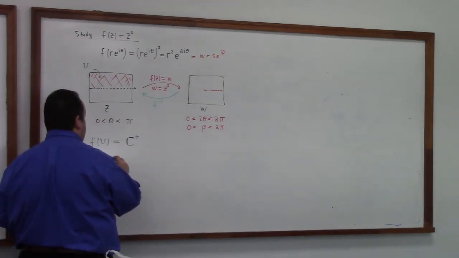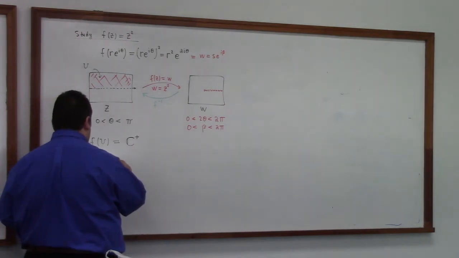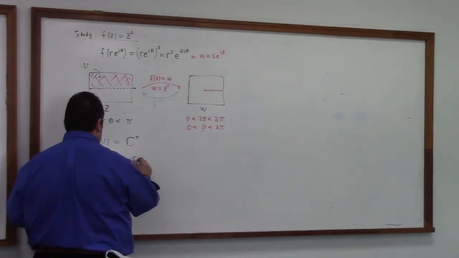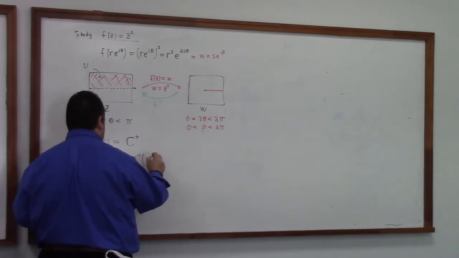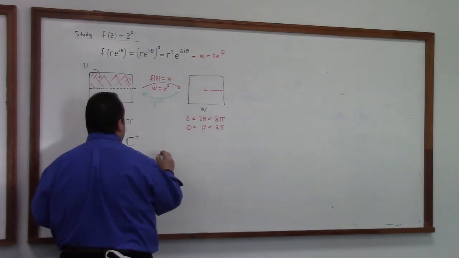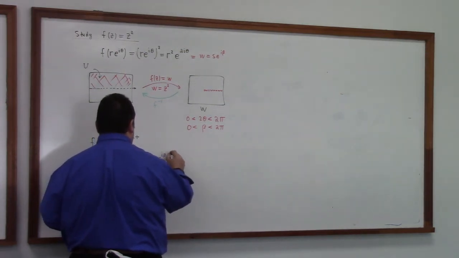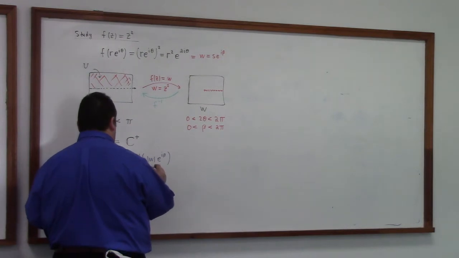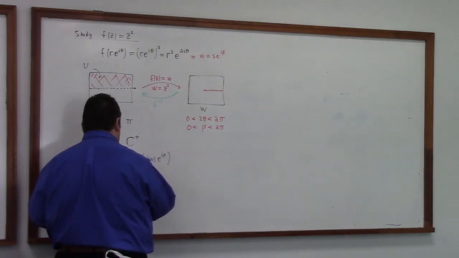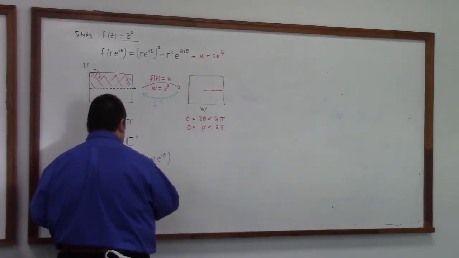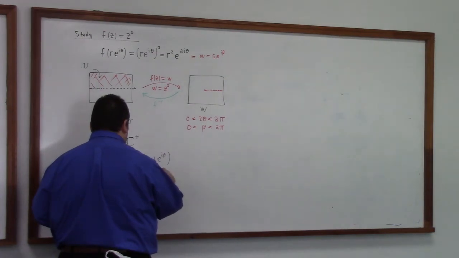So f inverse of w would be f inverse of the modulus of w times e to the I beta, right? Yeah. And we would just write, square root of the modulus of w, e to the I beta over 2.